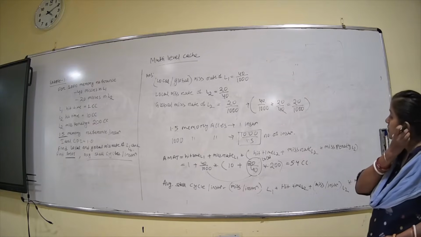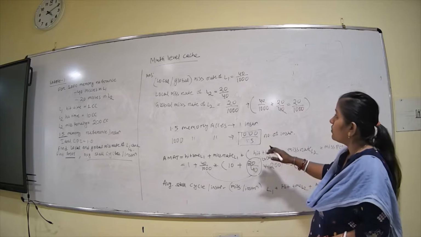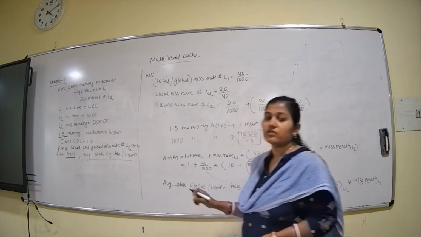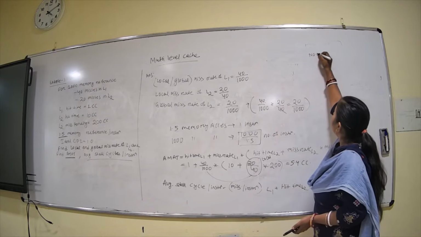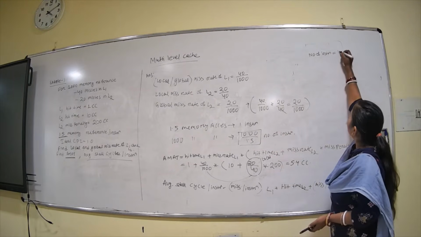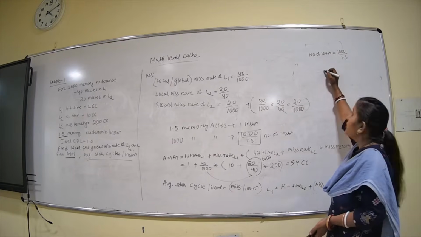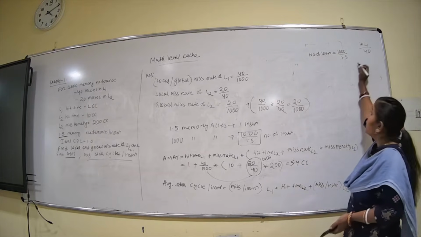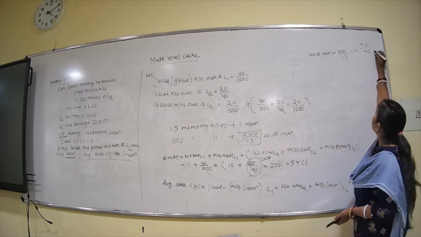Now, how to calculate the miss per instruction in L1? In L1 we are getting 40 misses out of how many instructions? The number of instructions we have calculated here is 1000 by 1.5. So in the L1 case we are getting 40 misses for this many instructions.